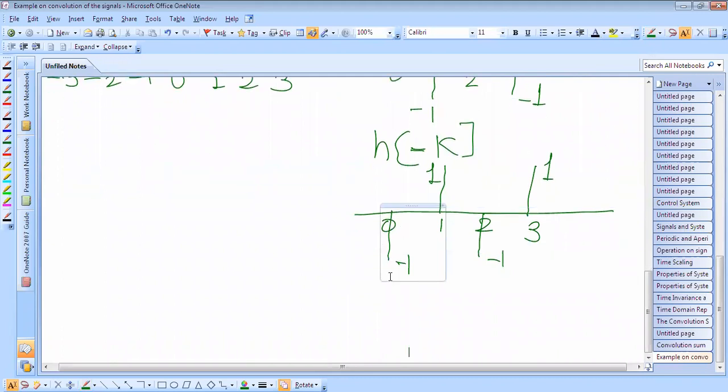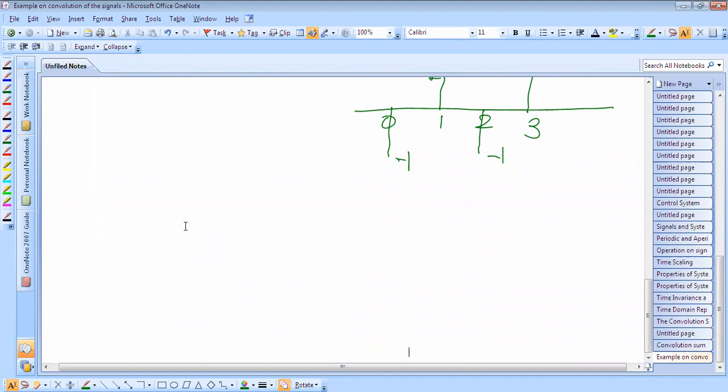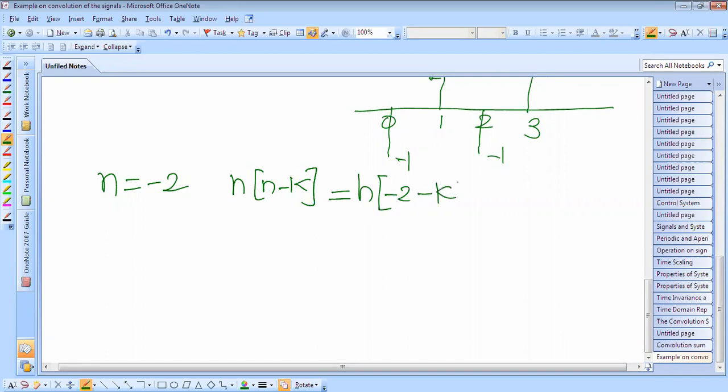Now we are interested in finding the different values. First we'll see when n is equal to -2, because the first value is given at n is equal to -2. So when n is equal to -2, h of n minus k will be h of -2 minus k. -2 means we have to shift this impulse response to the left by 2 units.